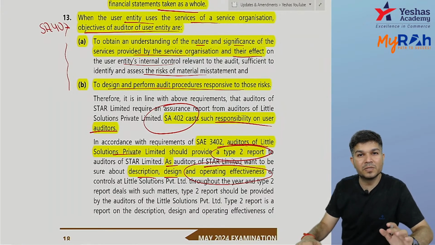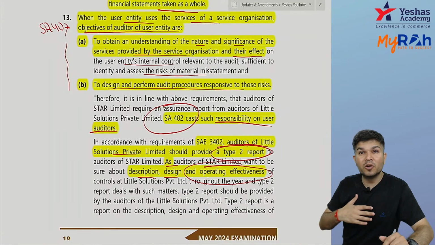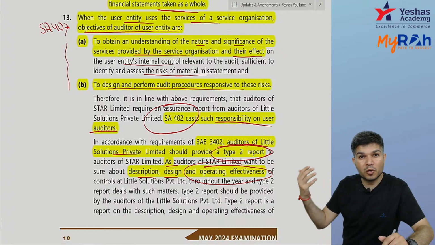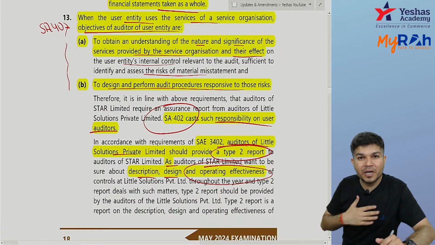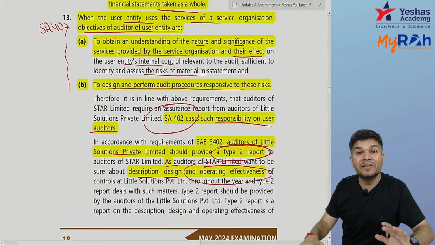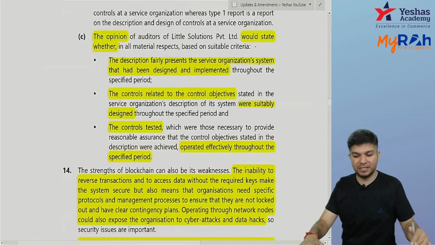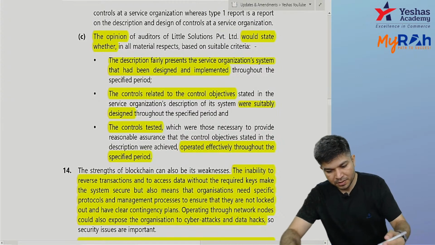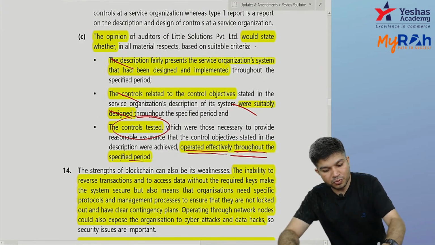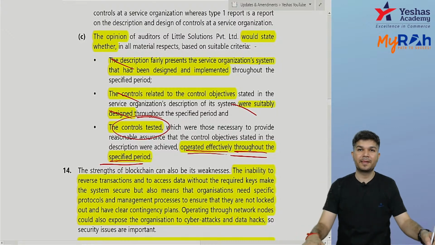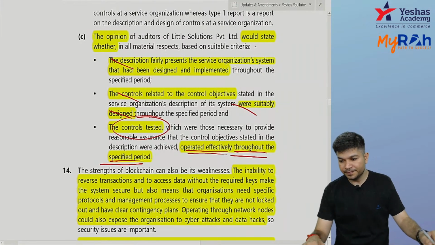The system controls are in place. And they will also write that the controls designed to achieve the control objectives are suitably designed, and based on tests of control, the controls are operating effectively throughout the period. I hope this is clear.